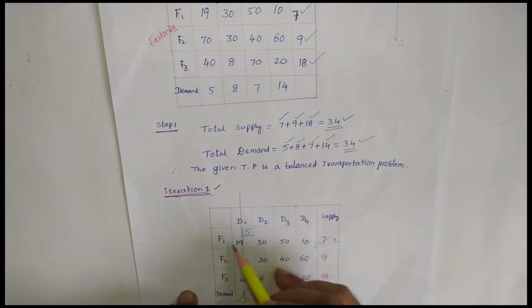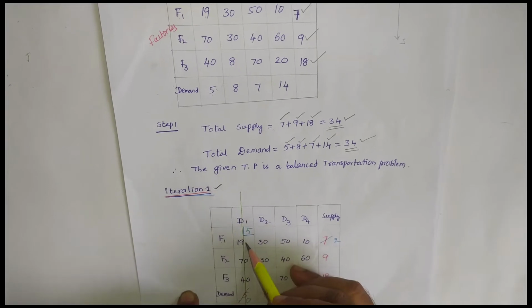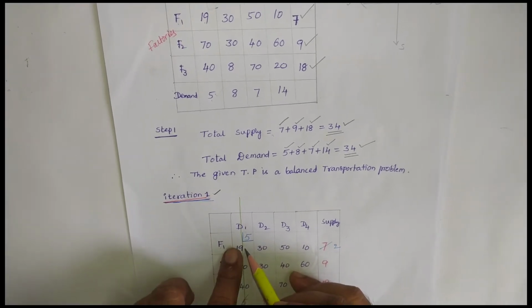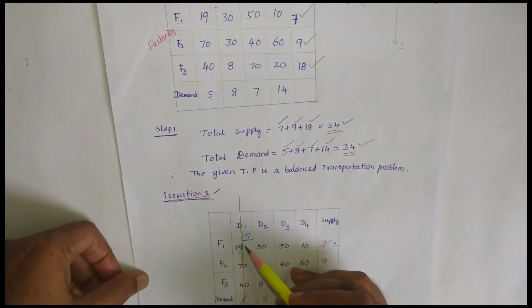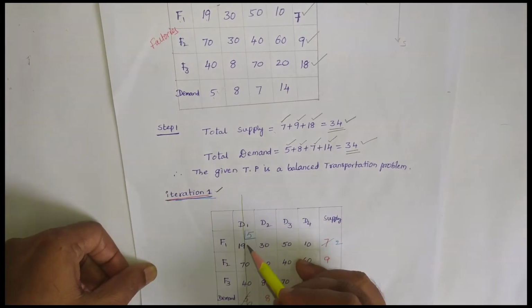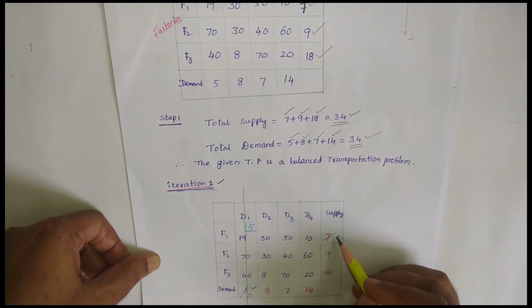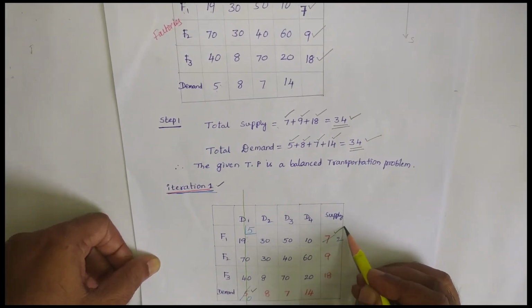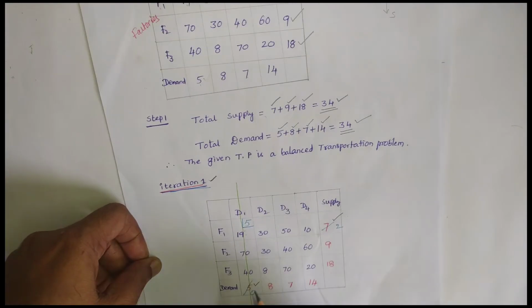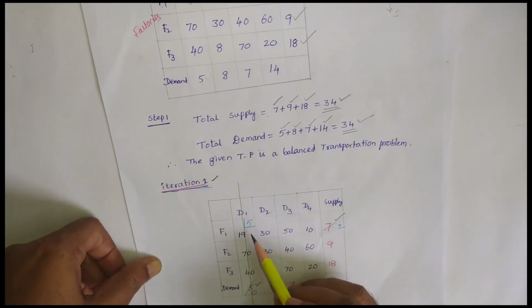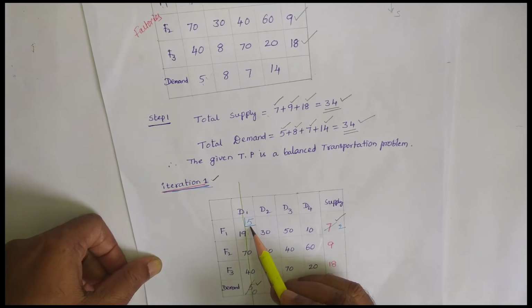Here the F1 D1 cell is the northwest corner. For this cell, the demand is 5 units and supply is 7 units, so we allocate 5 units to this cell.